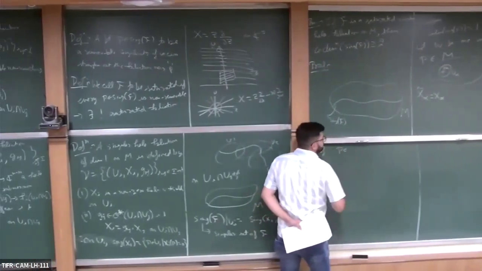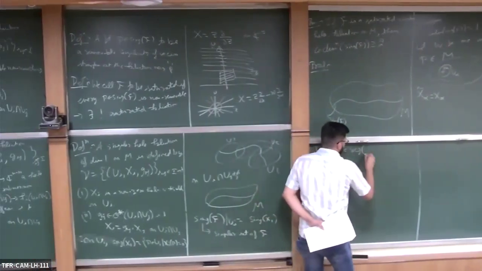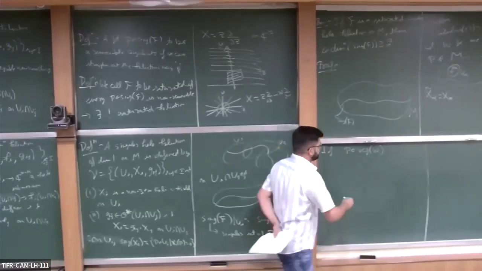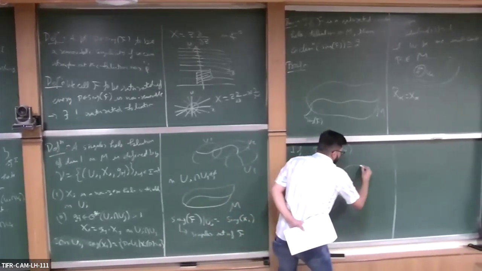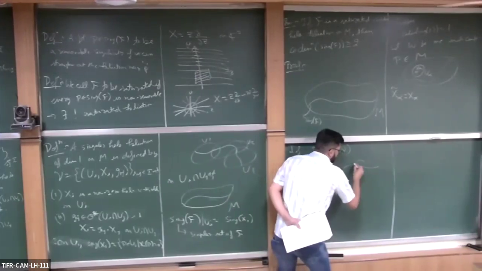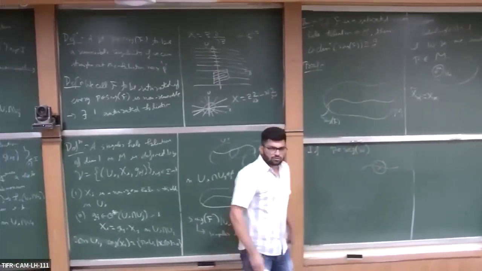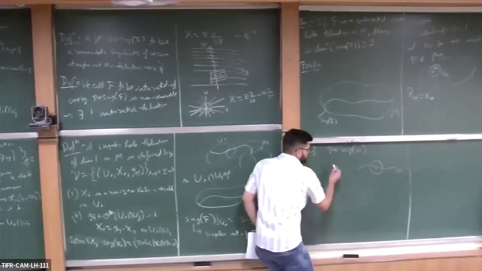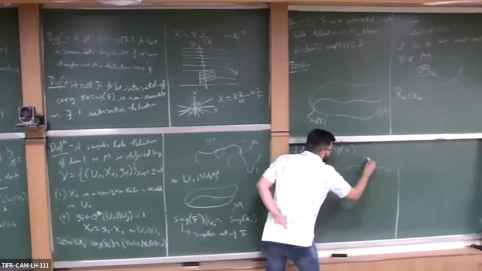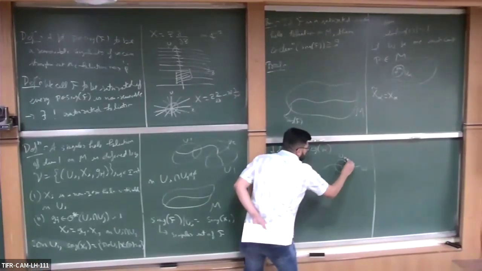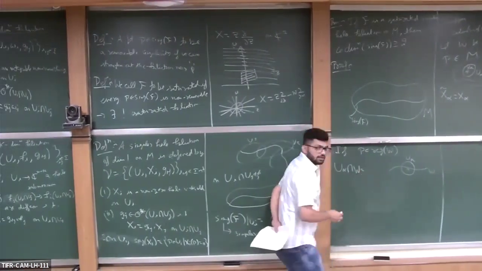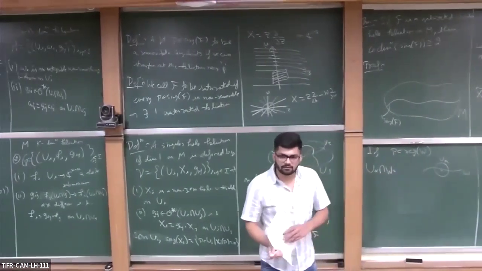If we take a point in the regular part of the component, then we look at this point and take this chart. Since this is an analytic set, this is U alpha intersected with the regular points of the analytic set.